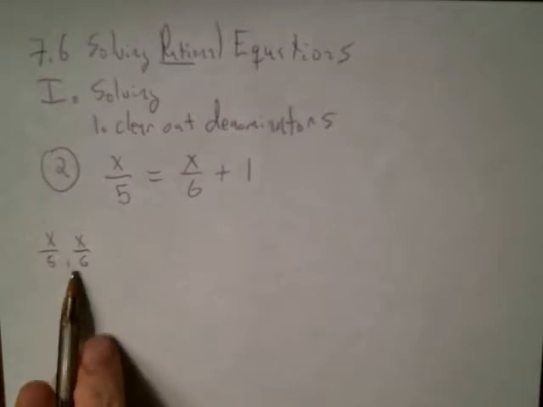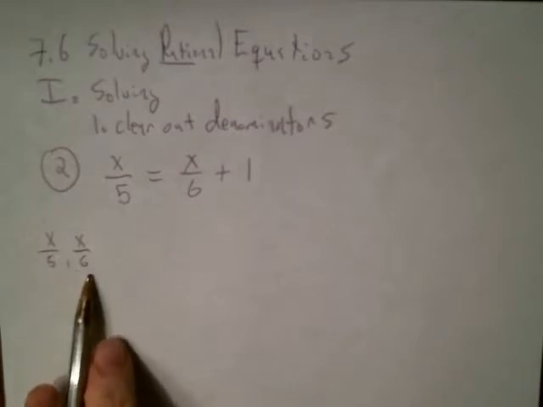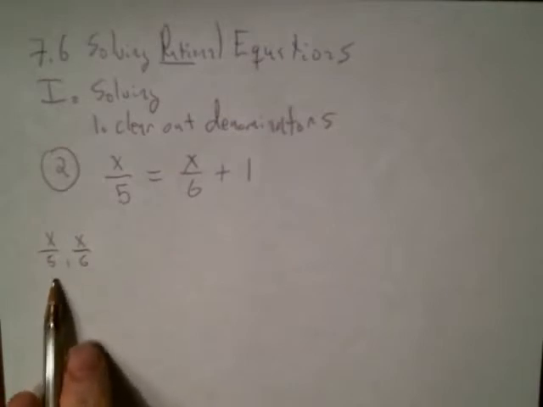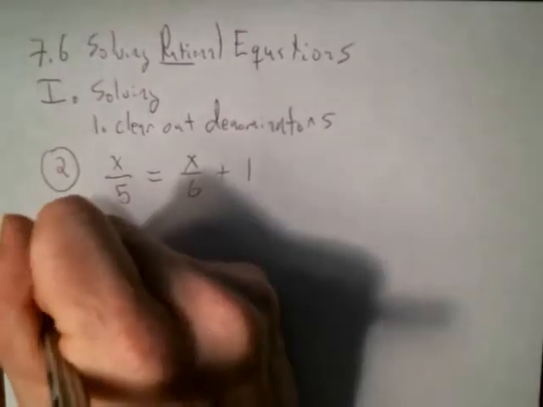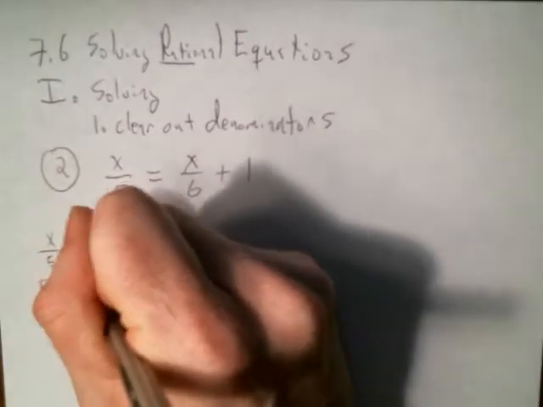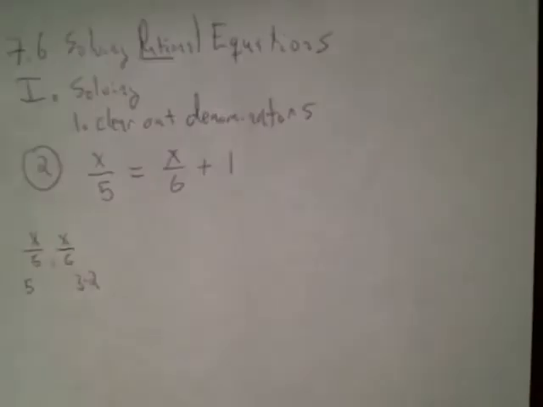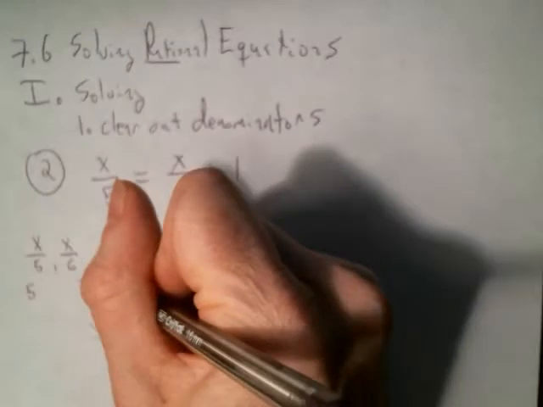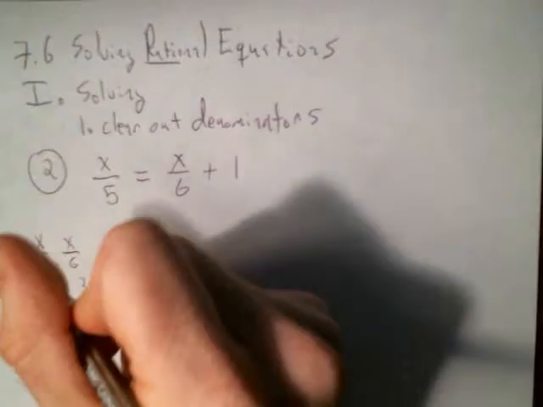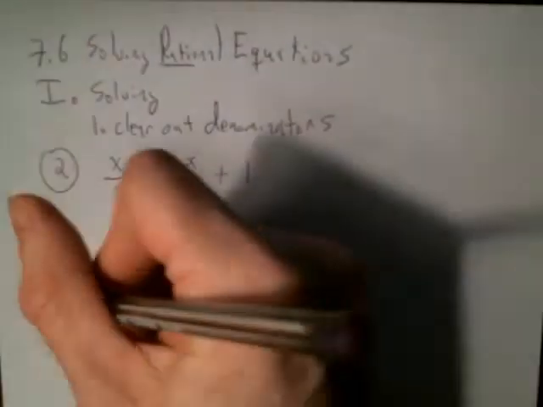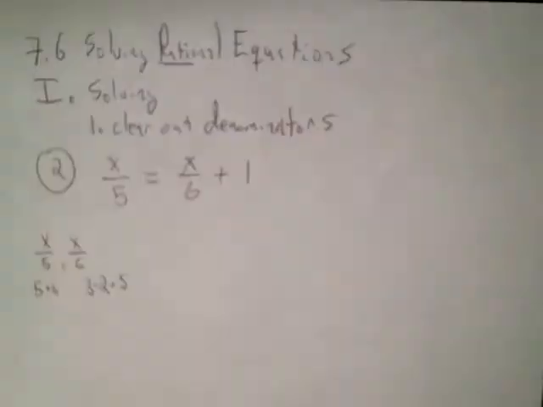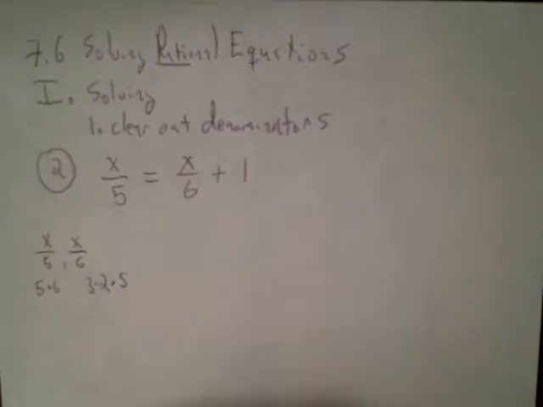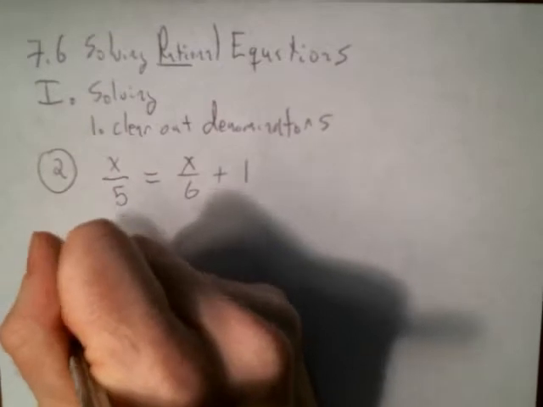It's the same thing as if you were trying to add them together. What we did before was to factor these and then make the denominators look the same. So this 6 would be missing a 5. And then this 5 would be missing a 3 times 2. In other words, it's just missing the 6. Okay, so the LCD is going to be 30.